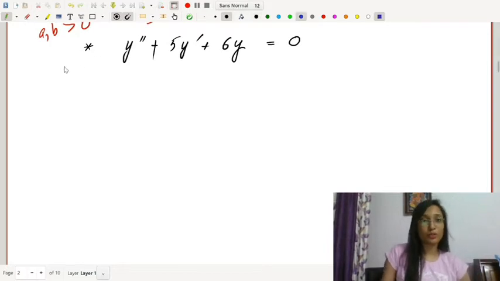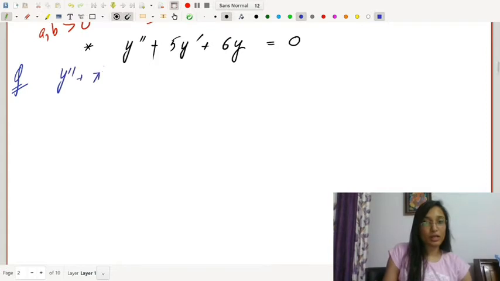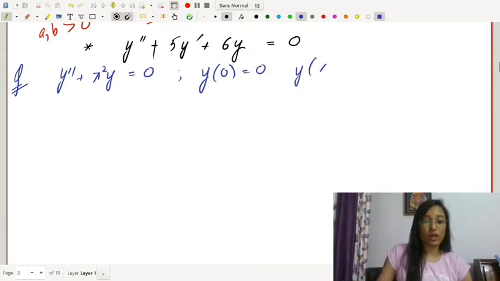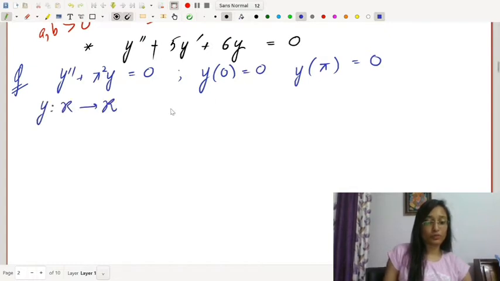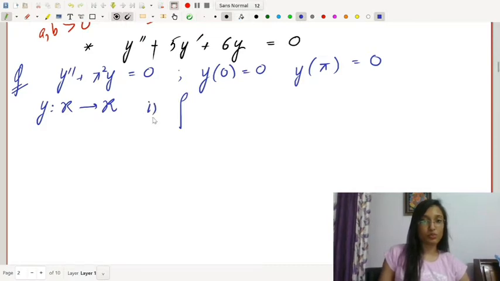Now another question. y double dash plus pi square y is equal to 0 with initial conditions y(0) is equal to 0 and y(1) is equal to 0, where y is a real function. Then we are given some options, and we have to choose from them. Option A: integral from 0 to 1 of y cube dx is equal to 0.